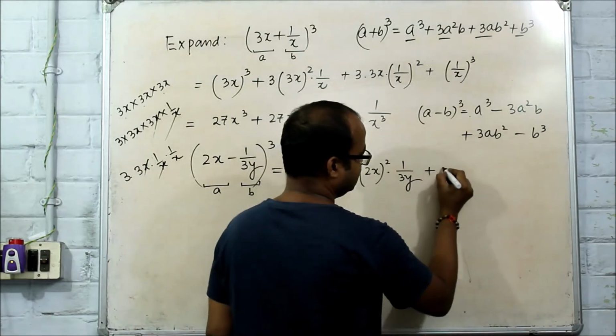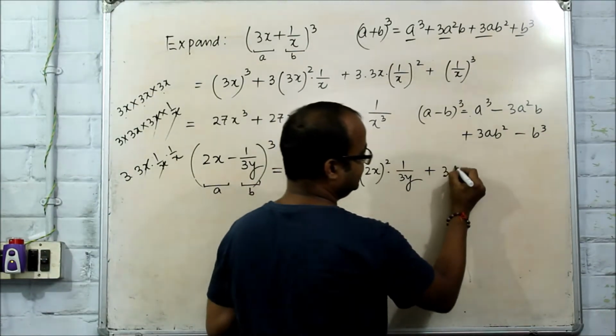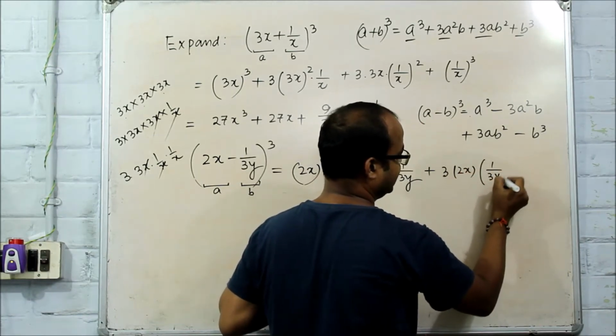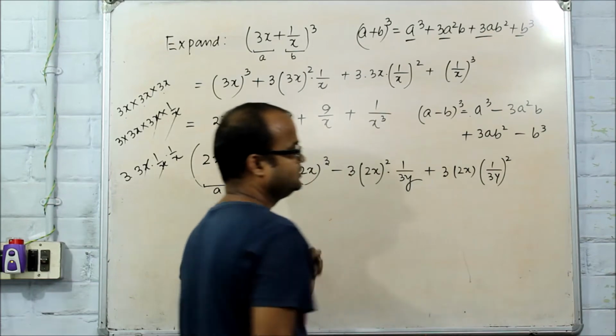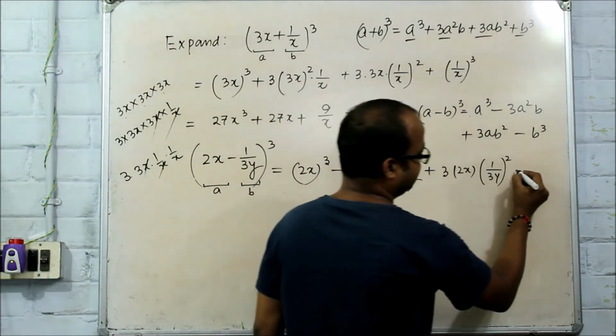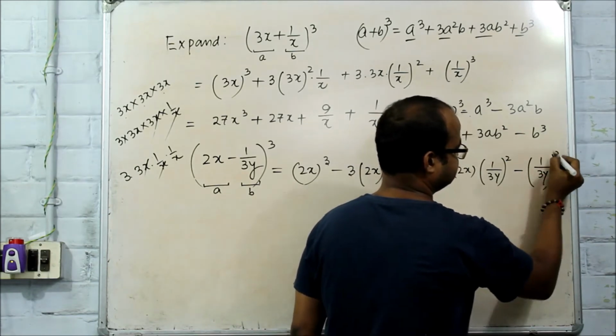Plus 3ab square. So a is equal to 2x and b is equal to 1 by 3y square. Clear? And then minus b cube, that is 1 by 3y cube.